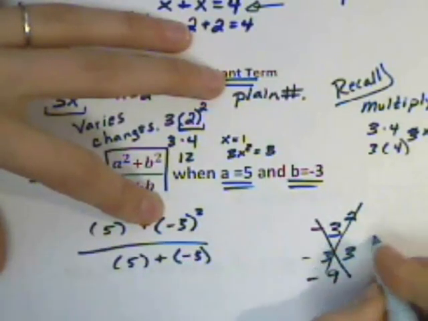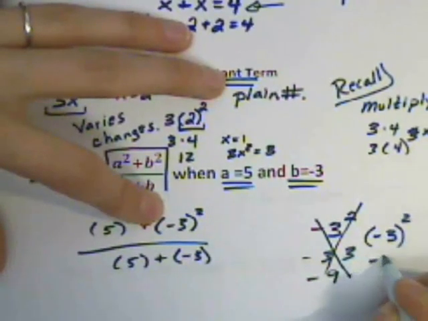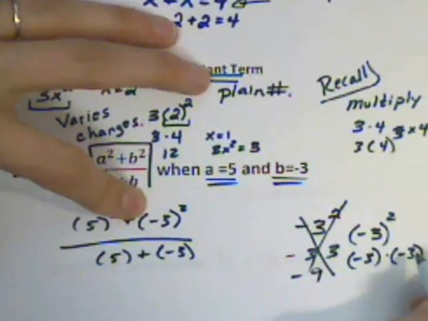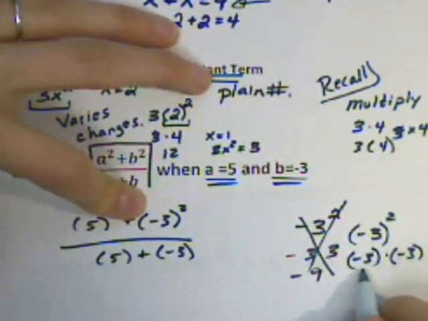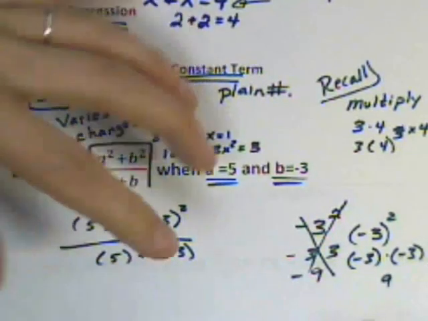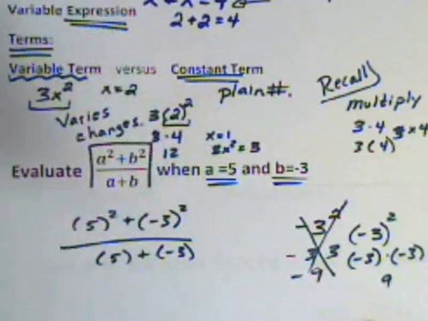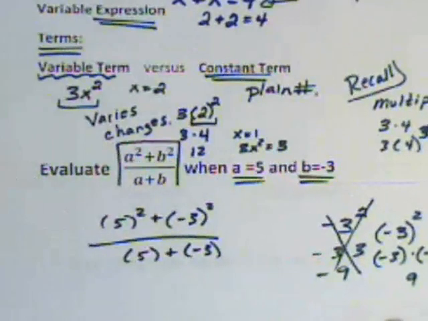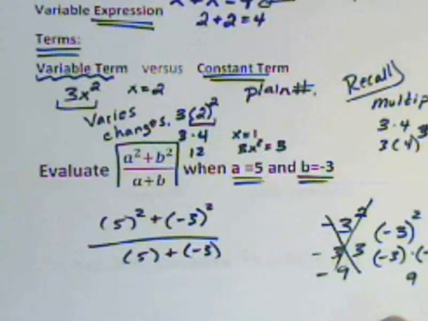So it actually is going to mean to us negative 3 squared, the entire thing repeating itself twice. So a negative times a negative, now I have a positive, and that's going to be a positive 9. So quite different, guys. Once again, I'm trying to emphasize to you, use parentheses, unless you're completely sure that it won't make a difference. And the rule of thumb is, if there's a negative, you want some parentheses there.